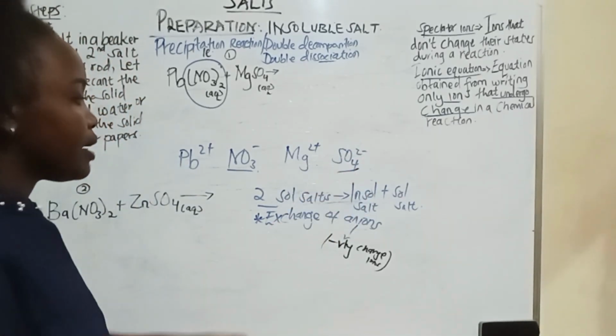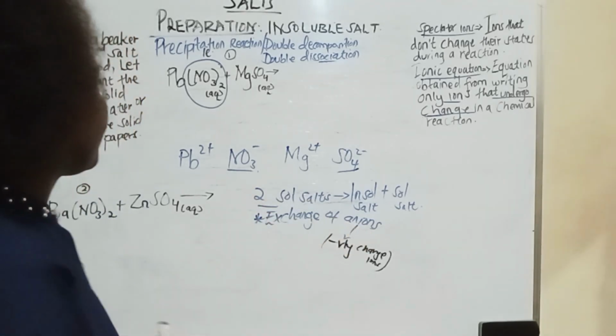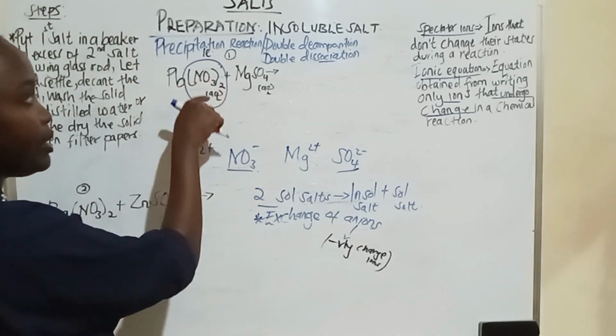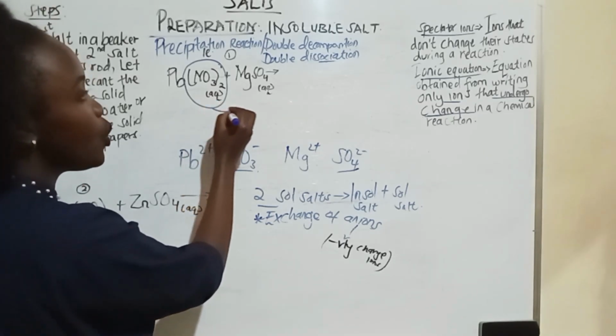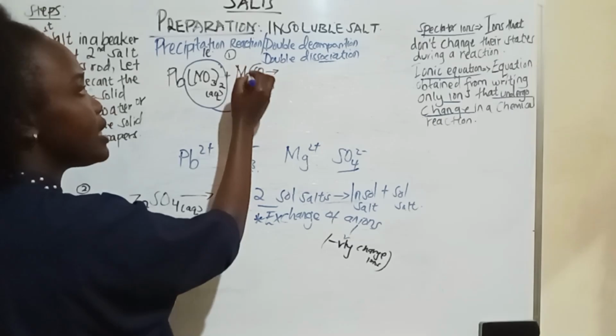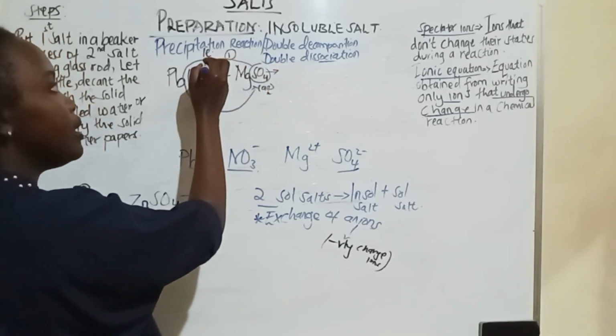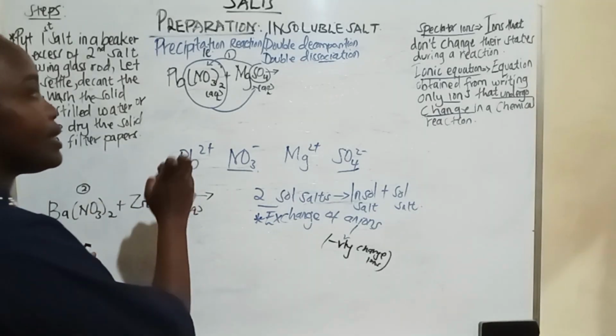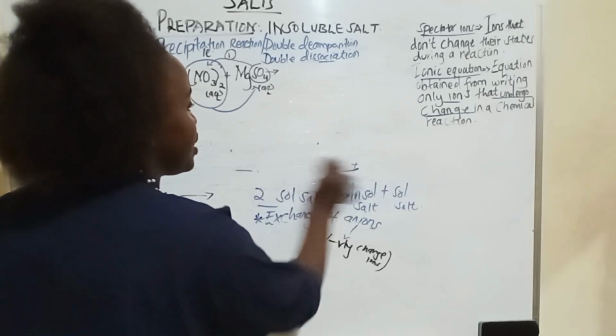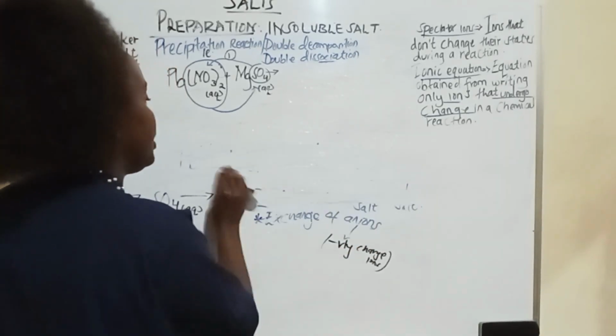Charged. So we say we have an exchange of anions, meaning this nitrate anion is going to come on this side, and this sulfate anion is going to come on that other side. That is what we mean by an exchange of anions. So let us write the equation now.